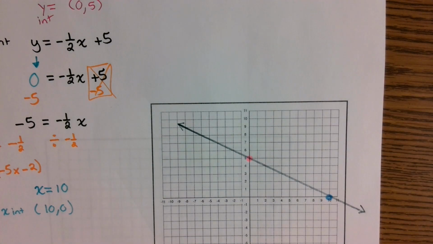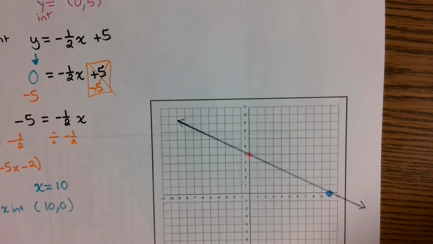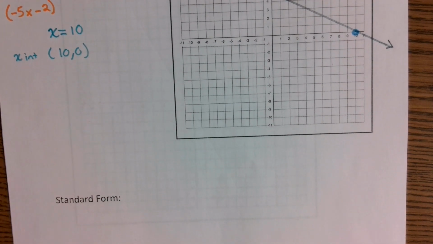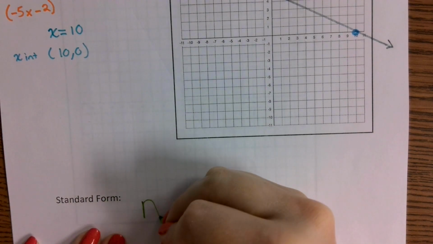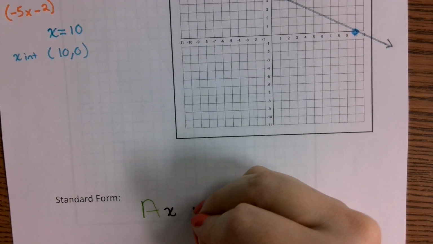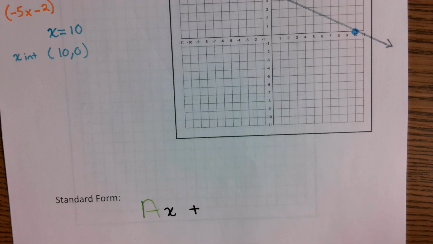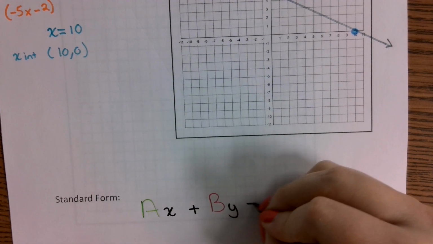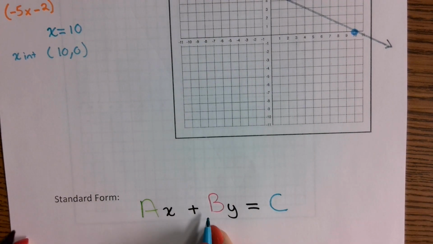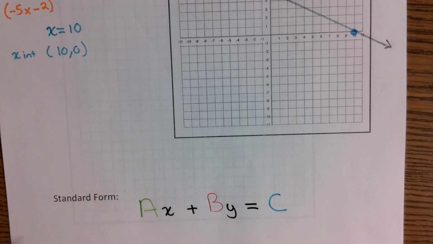Okay? All right, now if you look down here at the bottom, it says standard form at the bottom of this page. The standard form, as a reminder, is that format of a times x plus b times y is equal to c, where a, b, and c are all real numbers.